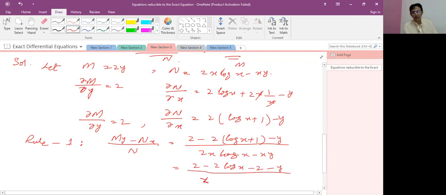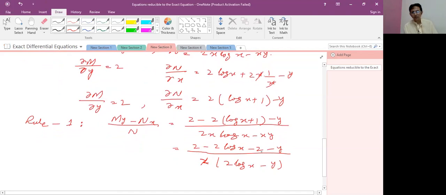If we take common x, so 2 times log x minus y. So it means minus 2 divided, cancel out from 2. If we take common minus sign, so student, what is ∂N/∂x? It means minus multiplying by this, so it is plus y.